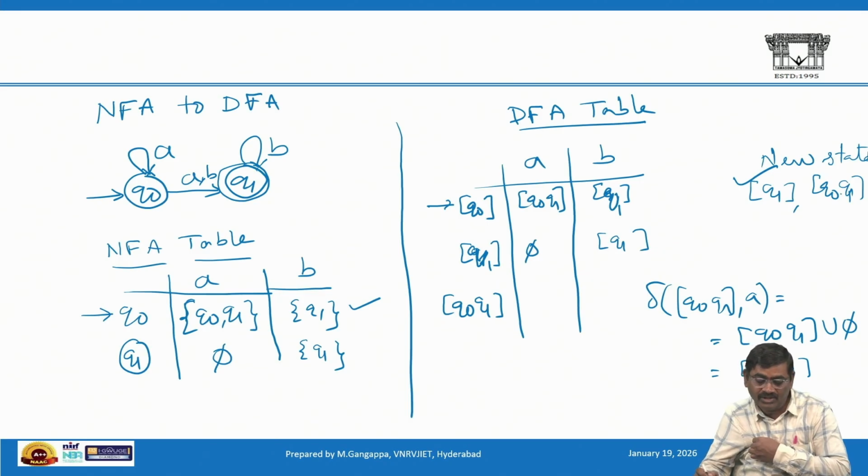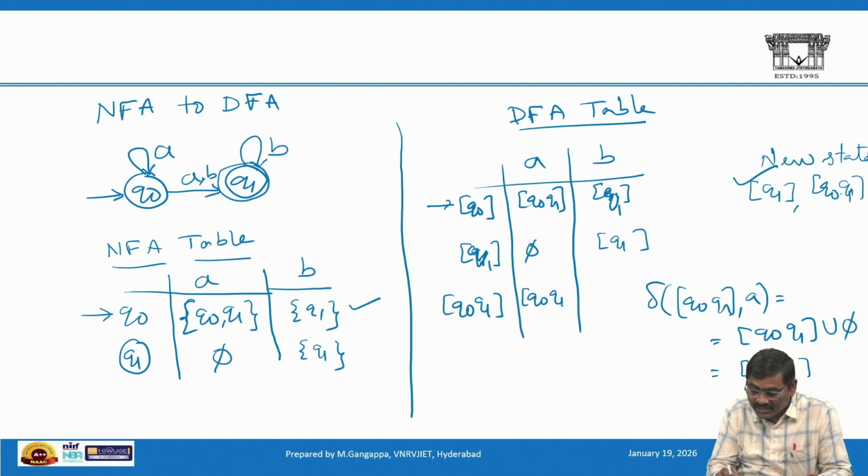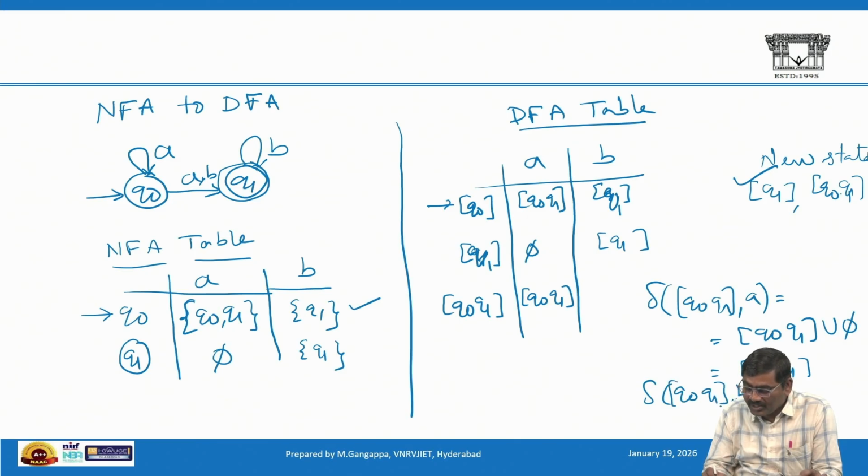So we should write the entry here, Q0, Q1, as the next state, and similarly perform one more transition, that is Q0, Q1 with input B.